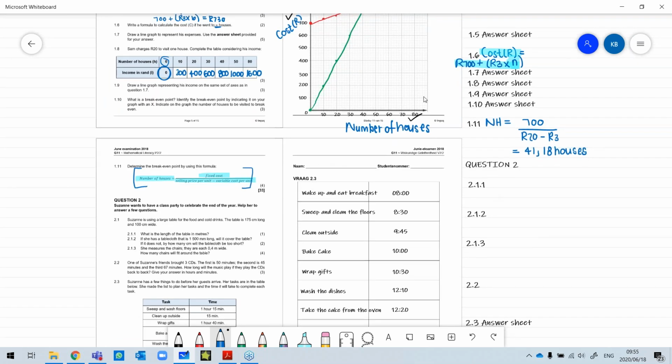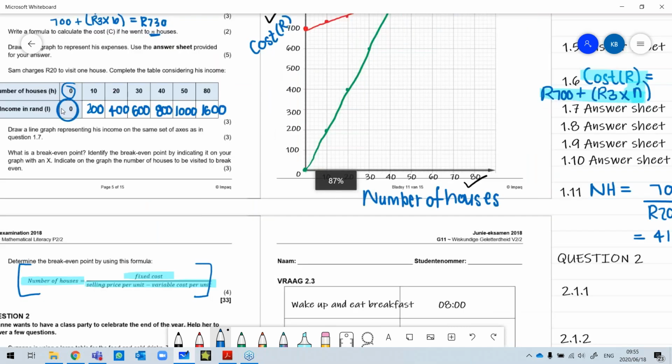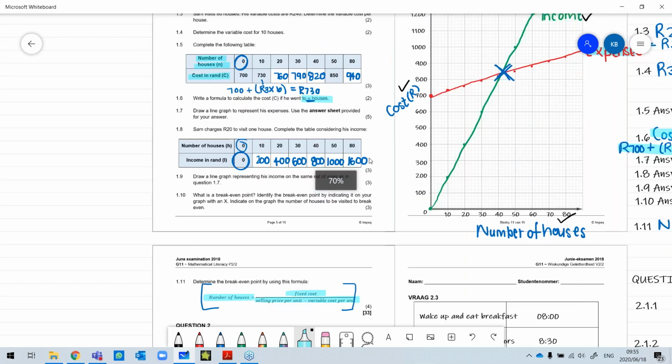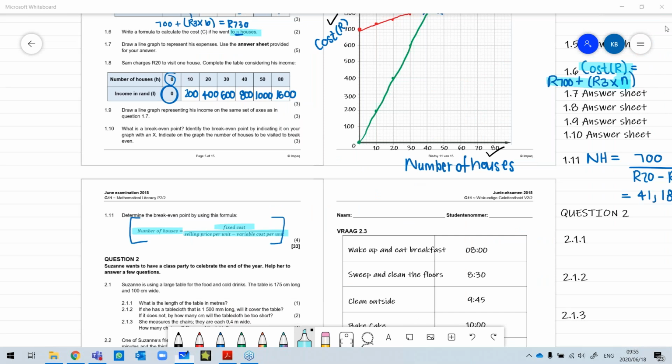Okay, in question 1.6, remember, look at the question statement: if he went to n houses. So n represents the number of houses that he visits. That's where the n comes from. I hope and trust that that answers your question. Okay, let's just put all your hands down.